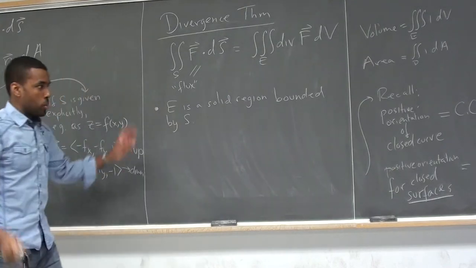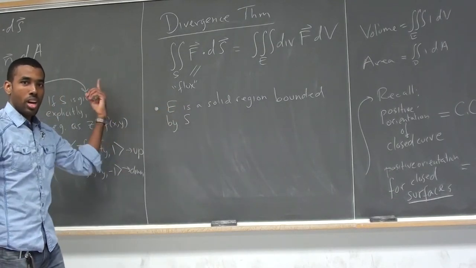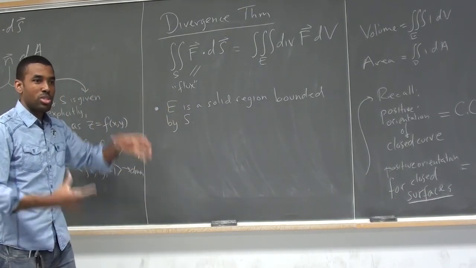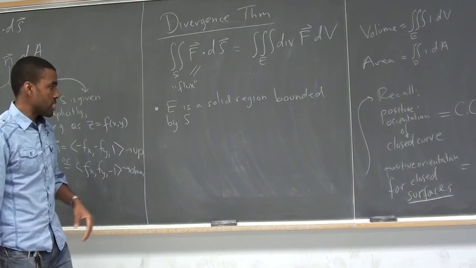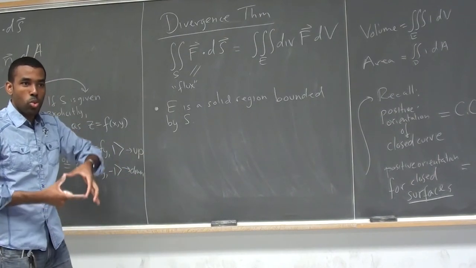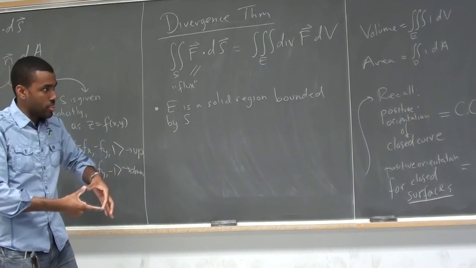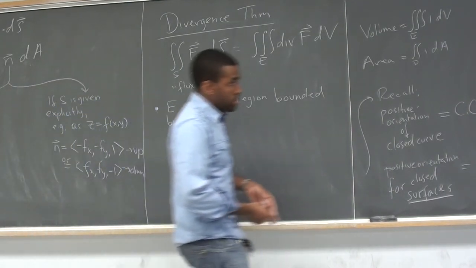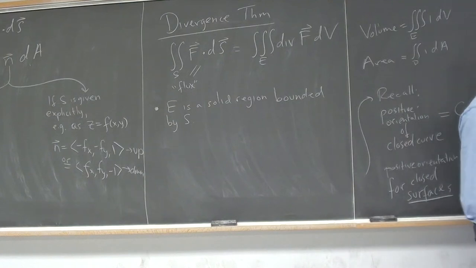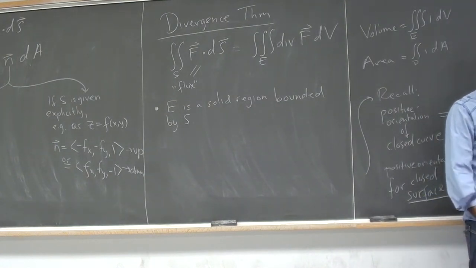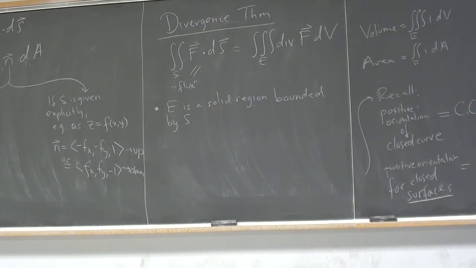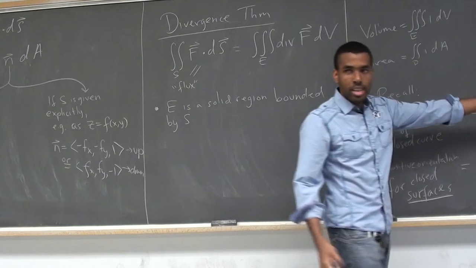When we did that whole summary of calculus, we said there was a common trend between all these theorems: it's always something bounding a region. With Green's theorem, everything was two-dimensional: a one-dimensional curve bounding a two-dimensional region in R2. Stokes' theorem is also a one-dimensional curve bounding a two-dimensional region, but generally in R3, because Green's theorem can't handle R3.